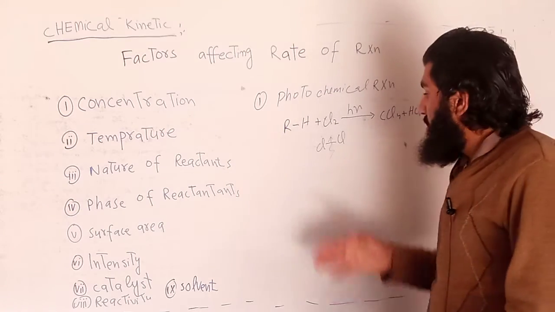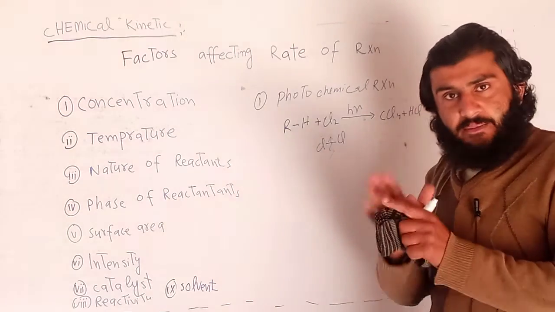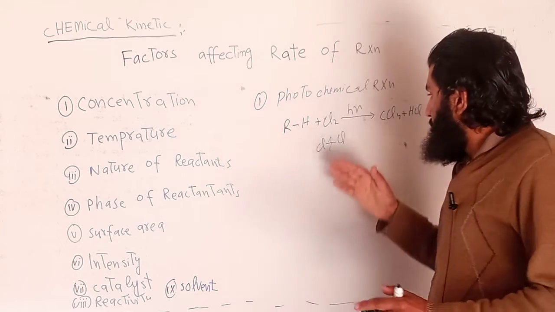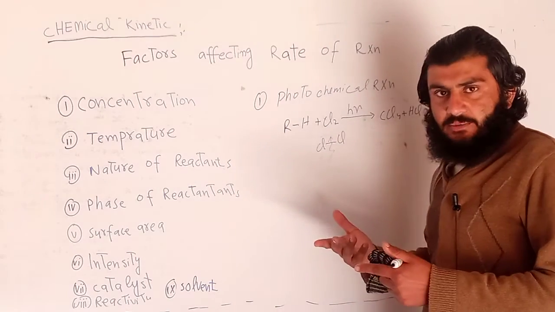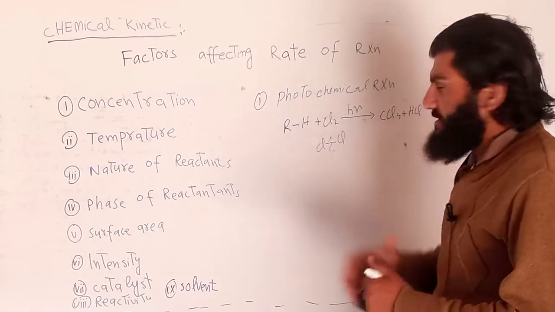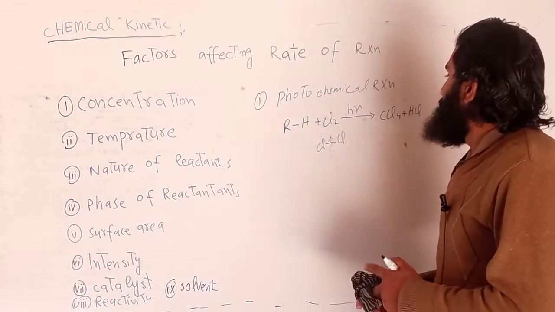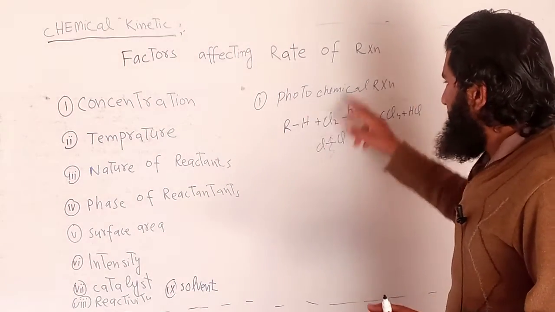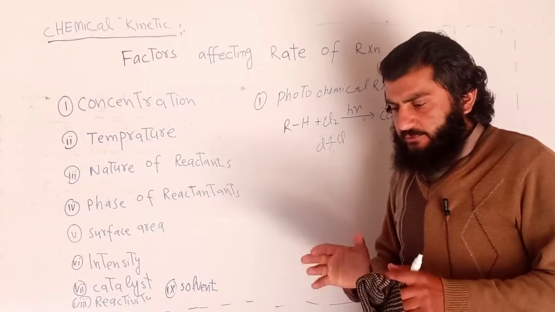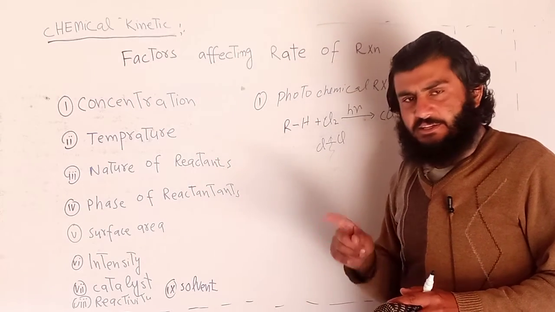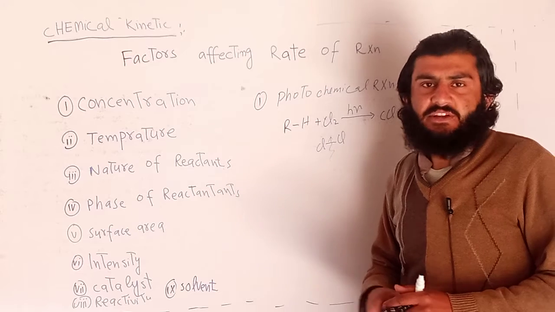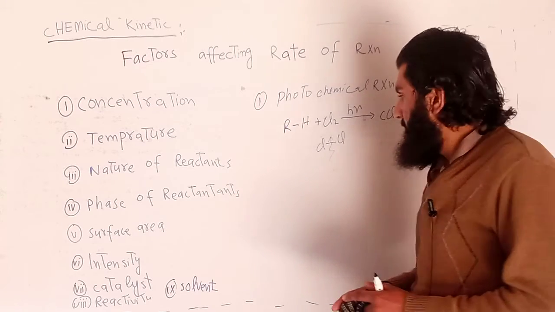As a result, when the chlorine-chlorine bond breaks, the chlorine radical is formed, which is very reactive, and the chemical reaction initiates, propagates and terminates, clear. So the rate of photochemical reaction doesn't depend upon the concentration, clear.